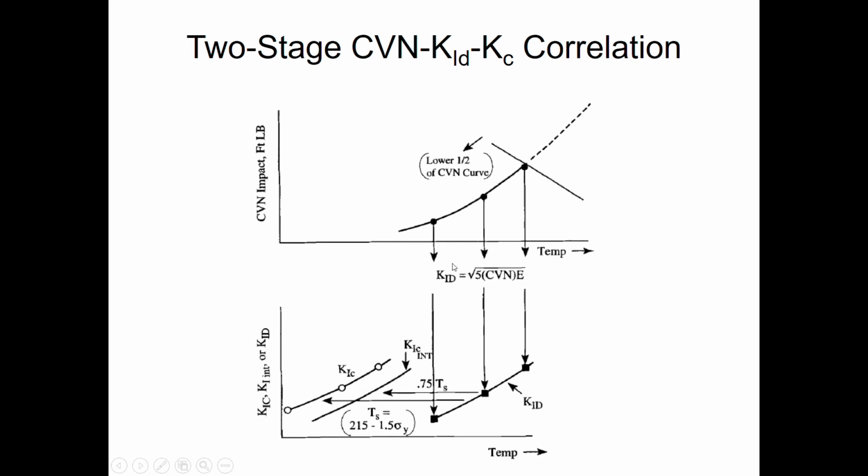But this is for the K1D. The graph is referring to this plot, and then this is for the K1C intermediate, this plot, and also K1C for the slow bend, this plot. So this is the K1C, K1 intermediate or K1D plot with the temperature.